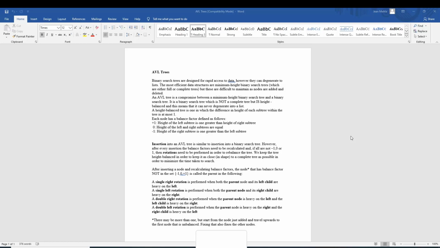I say usually because it can deteriorate into a linked list. It would be better if we had a data structure which was like a binary search tree, but better than it in that it had a minimum depth. And minimum depth means that it would be faster to find something, fewer comparisons to find something.